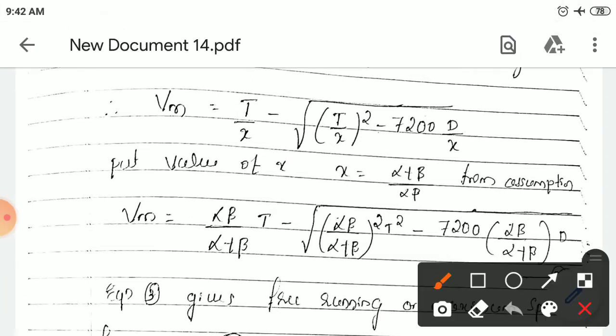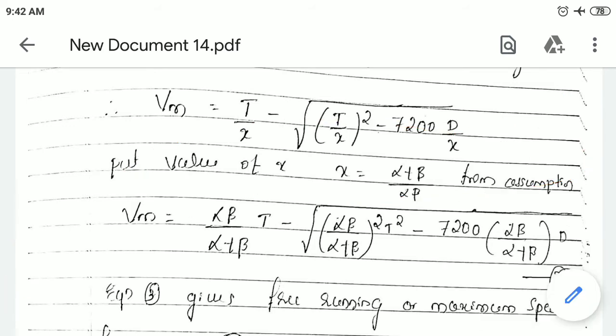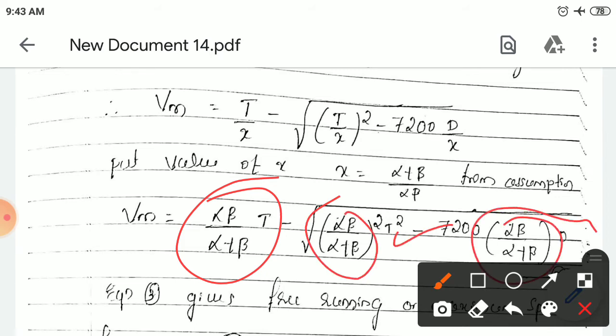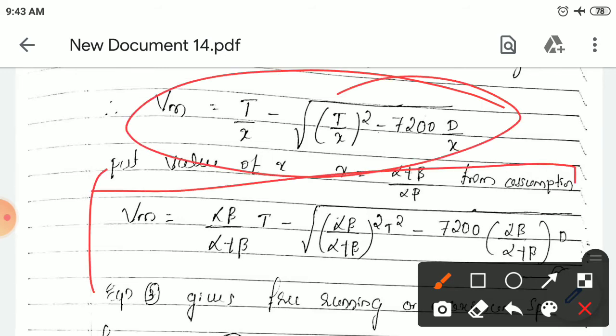Substitute this x value in the above equation. So x is nothing but alpha plus beta divided by alpha beta, so it is alpha beta divided by alpha plus beta into t, and the same for the square term. Substitute all the x values and rewrite the equation, you will get Vm as this one.